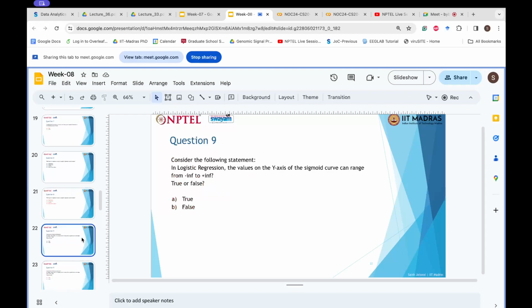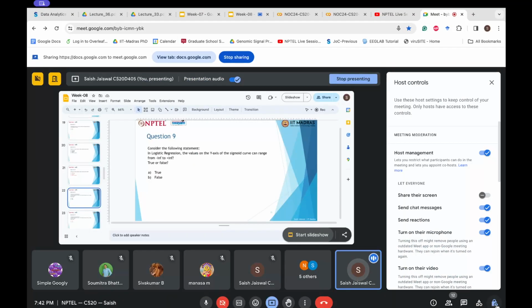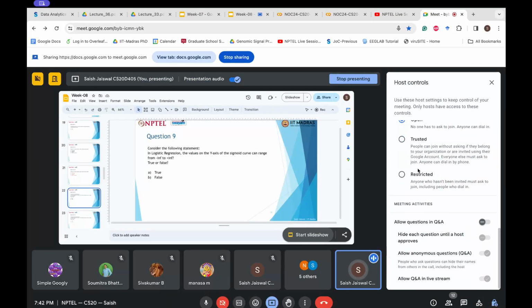So consider the following statement. In logistic regression, the values on the y-axis of the sigmoid curve can range from minus infinity to plus infinity. True or false?